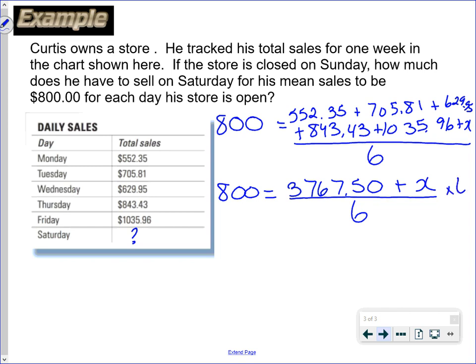So again, we're going to start by multiplying out the 6 on both sides. So we'll end up with 4,800 equals 3,767.50 plus X. Then we're going to subtract this value from both sides.